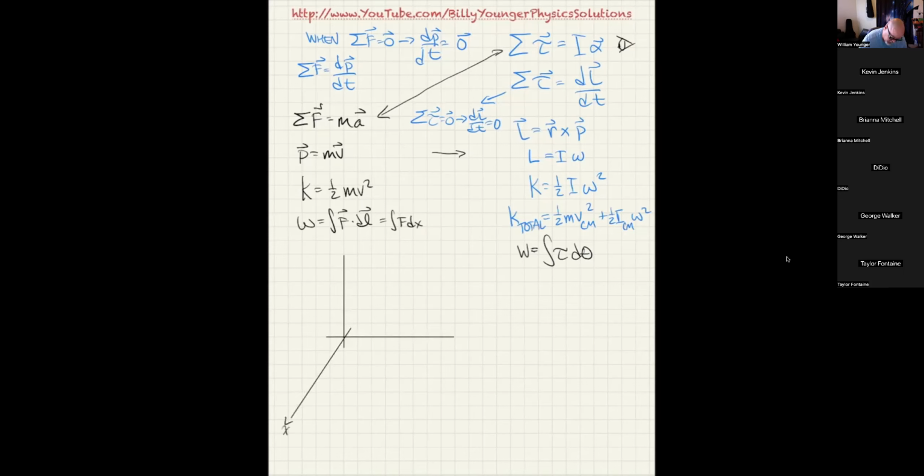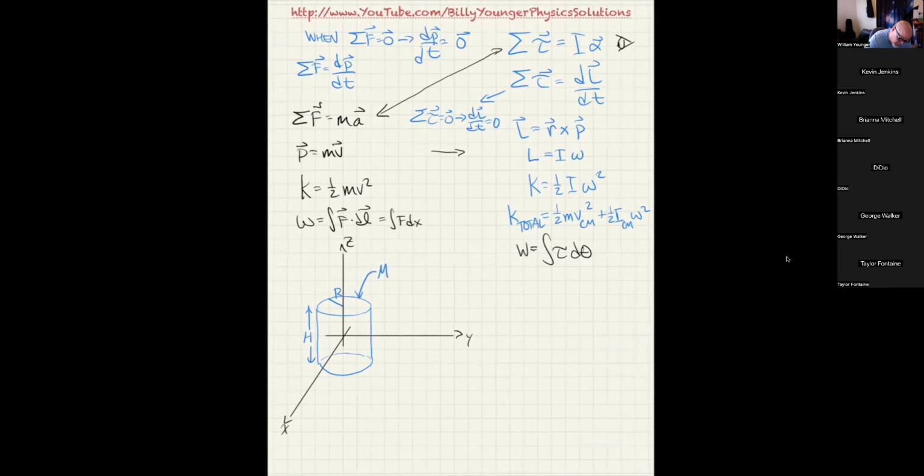And what I'm going to do is imagine a cylinder like this, whose radius is r, whose thickness is h, and whose mass is big M.